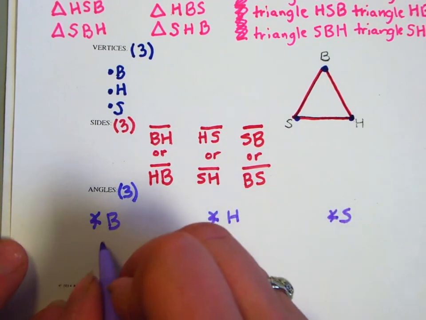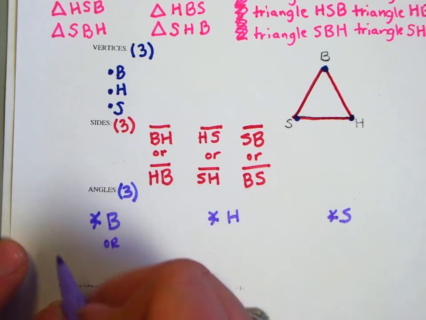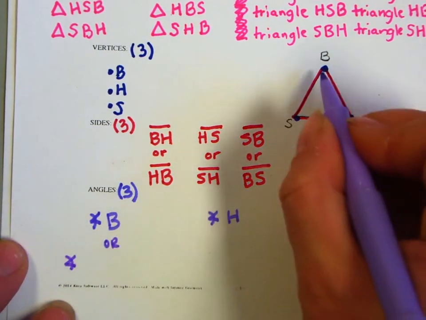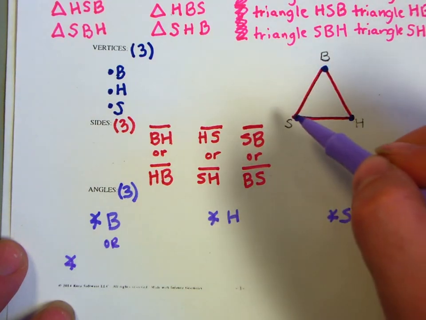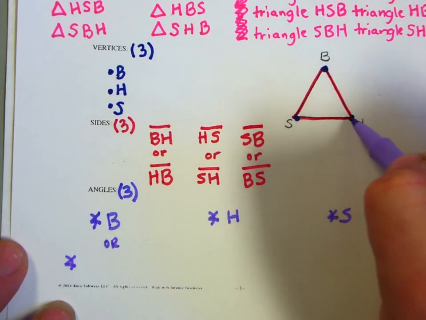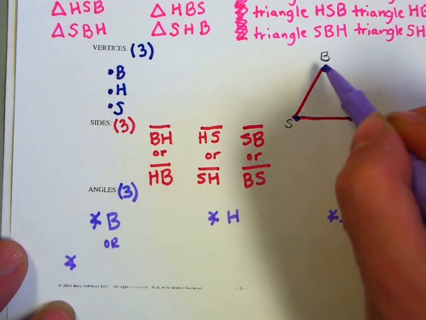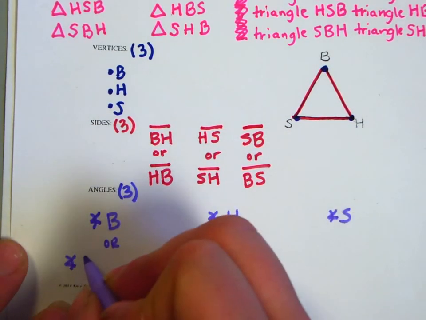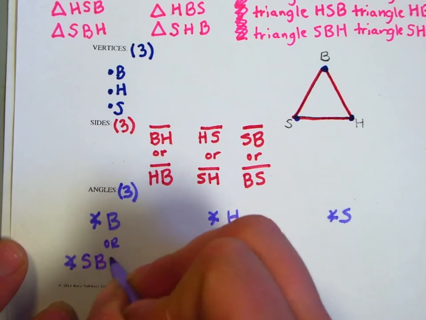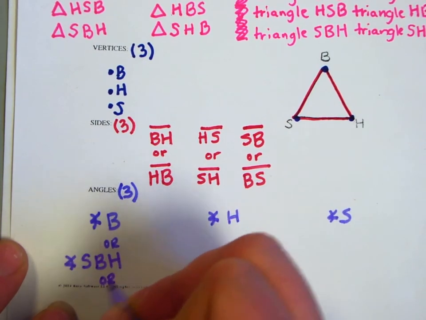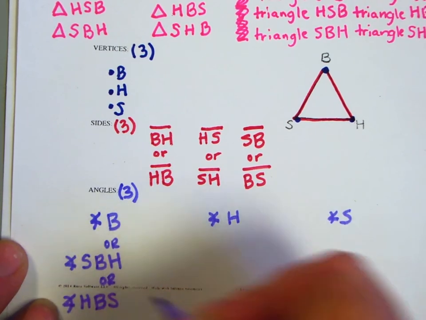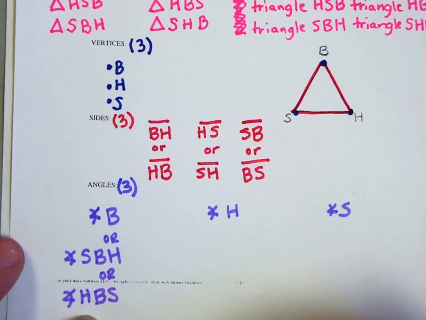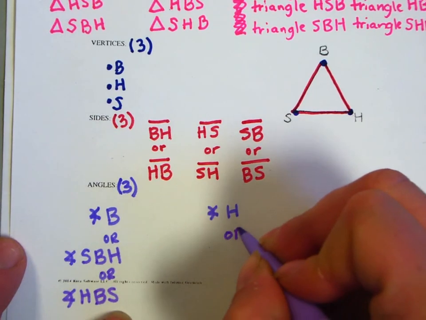We know that it's also appropriate to use the 3-letter naming system. If B is the vertex of our angle, B has to be the middle letter. So we could name this angle SBH or angle HBS. Remember, the vertex has to be the middle letter when you use 3 letters to name the angle.